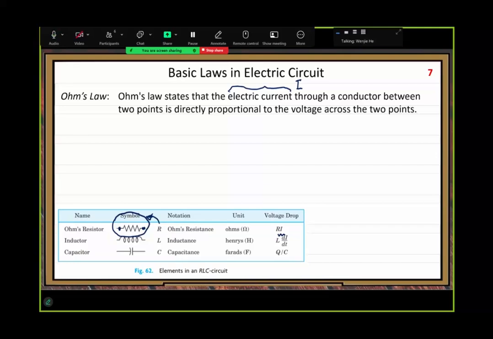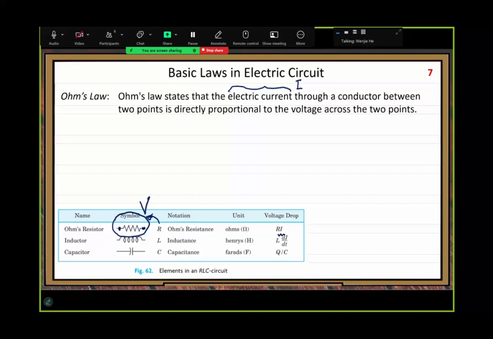Then the electric current is directly proportional to the voltage across the 2 points. Here we use the concept of voltage, usually capital V, to represent the voltage across the points.